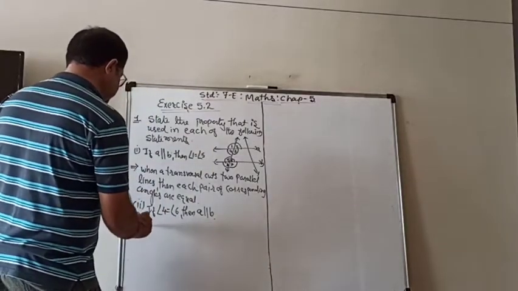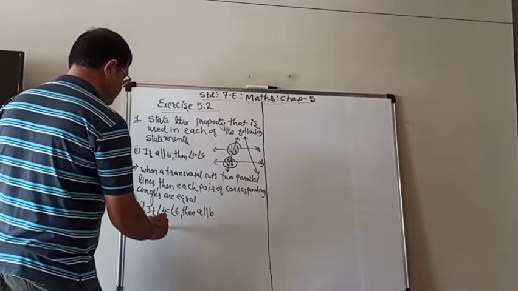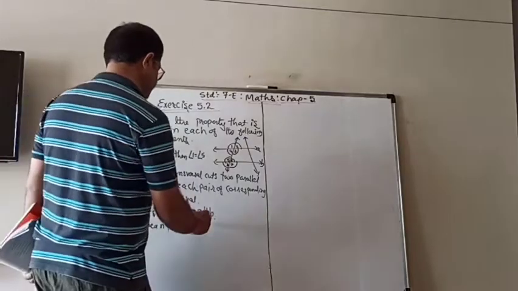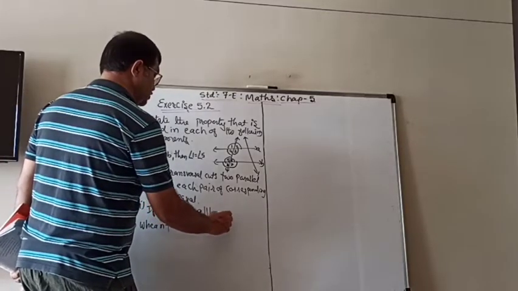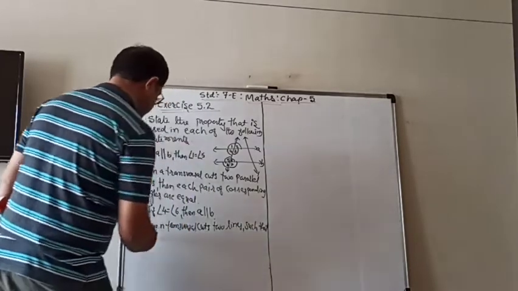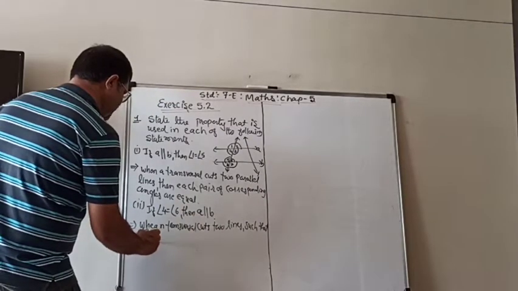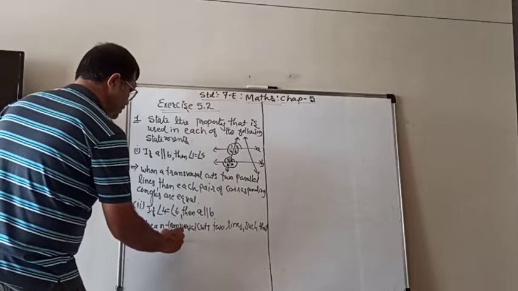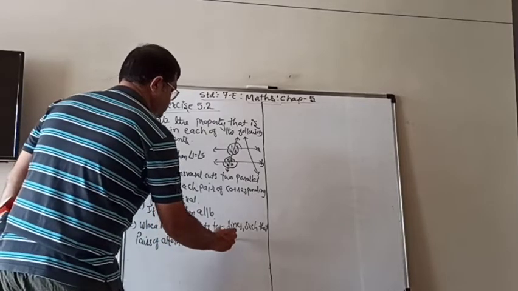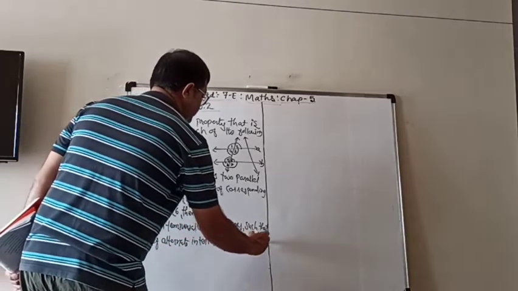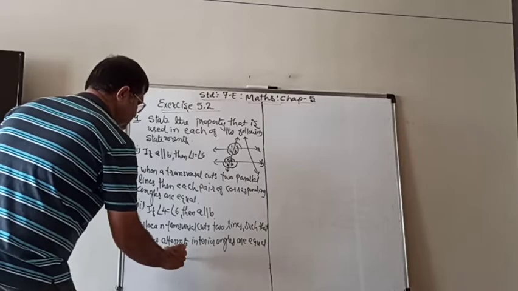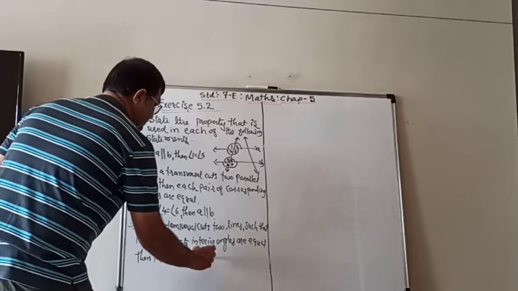So the condition is that when a transversal cuts two lines such that pairs of alternate interior angles are equal, then the two lines have to be parallel.